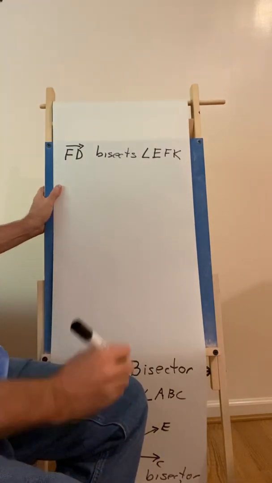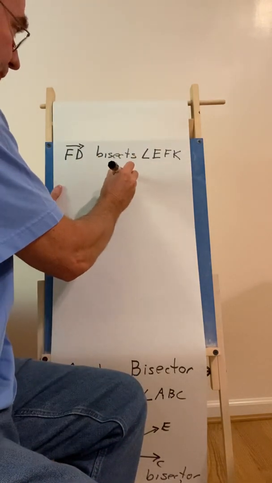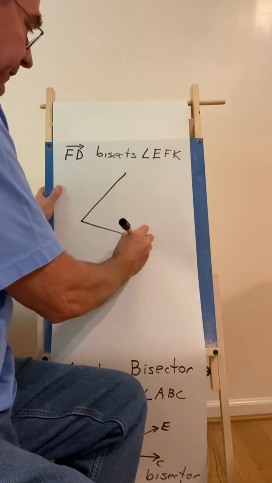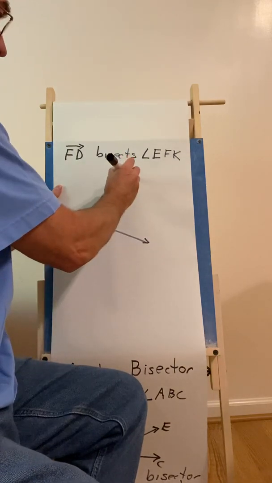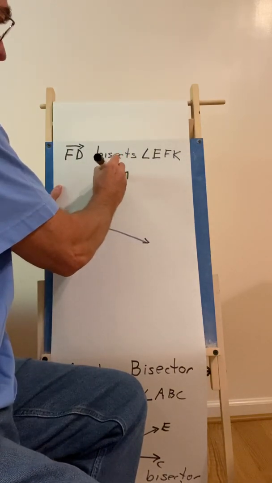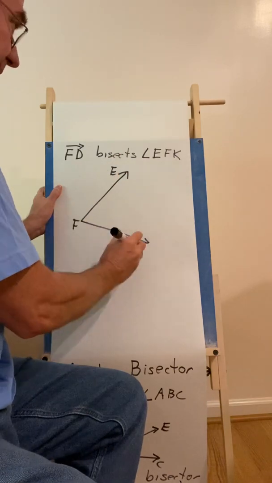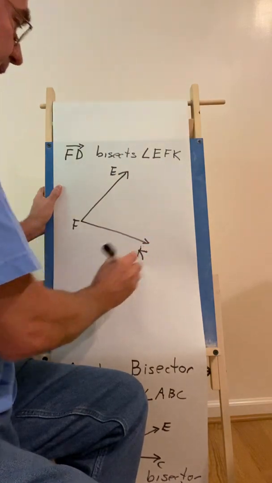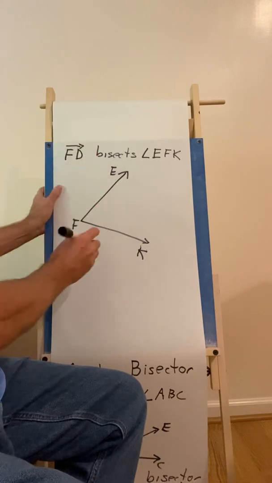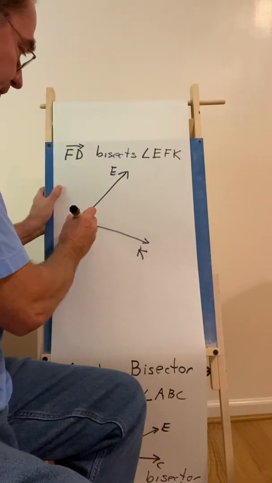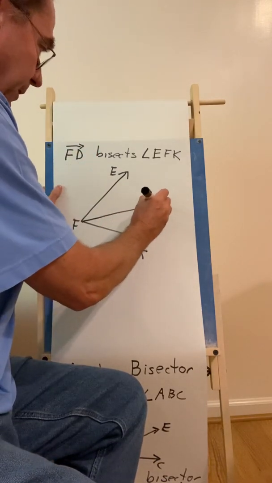Well, how would we handle that? Well, we would draw an angle. I'm going to draw an acute angle. It doesn't matter what kind of angle I draw, but this is going to be angle EFK. And then ray FD is going to start at F and it's going to cut it into two equal parts.